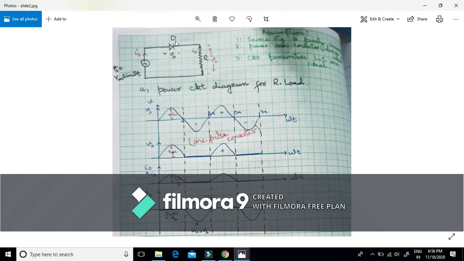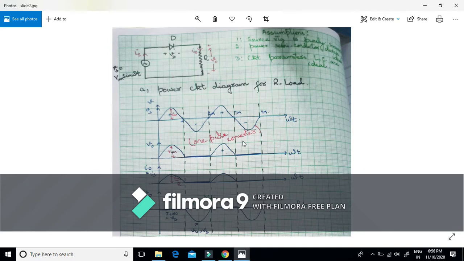During conduction, the voltage across it is basically 0.7 volt, that is taken as 0. When reverse voltage is applied across this diode, the leakage current is taken as 0. The third assumption is that the circuit parameters, inductor and capacitor, are ideal.